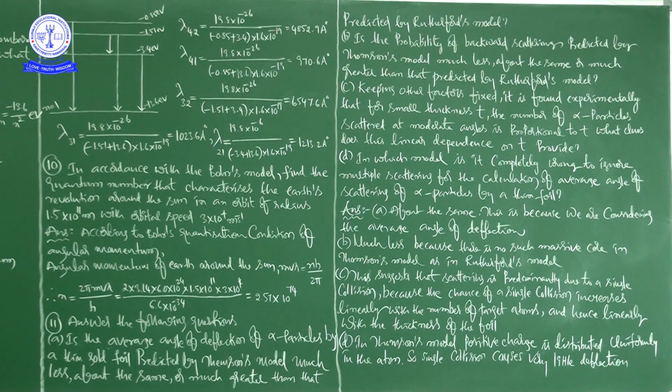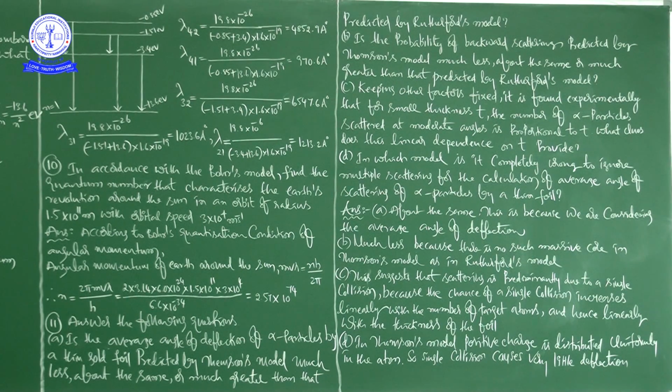the average angle of deflection of alpha particles by a thin gold foil predicted by Thomson's model: much less, about the same, or much greater than that predicted by Rutherford's model.